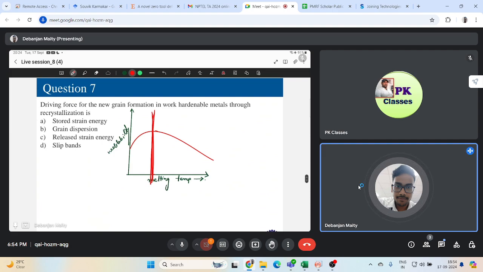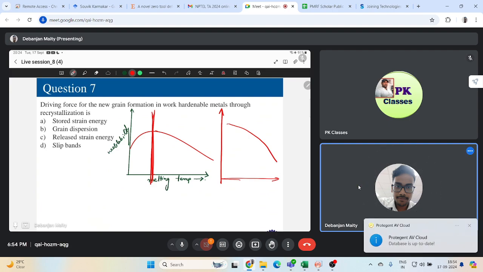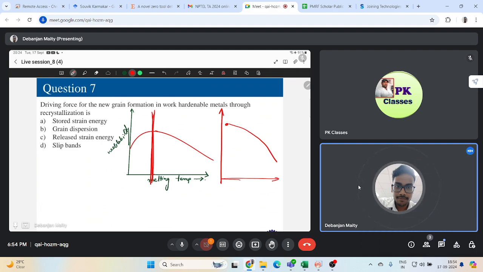Now, I was talking about different metals, no? So let's say in this curve, the highest portion has much higher weldability. This is my melting temperature. This will have the lowest melting temperature metals, something like zinc or brass.